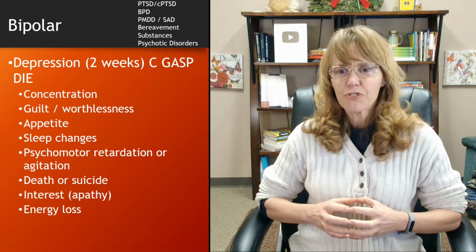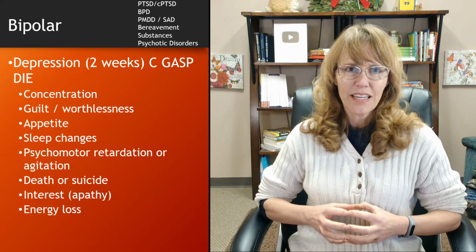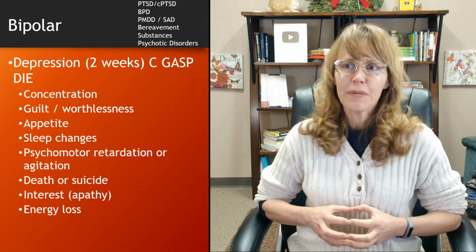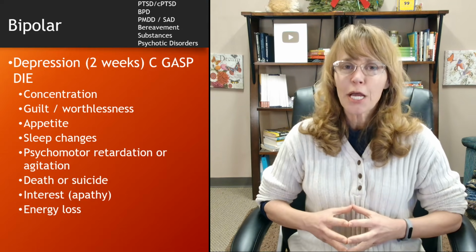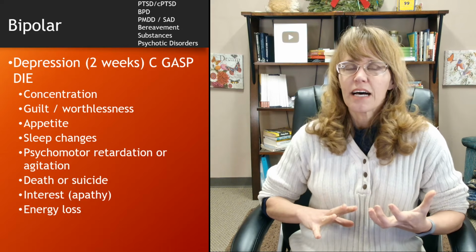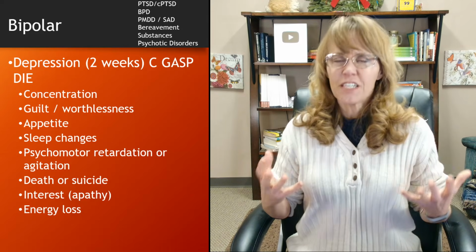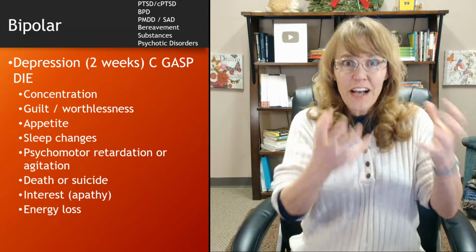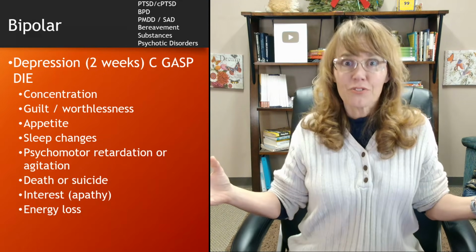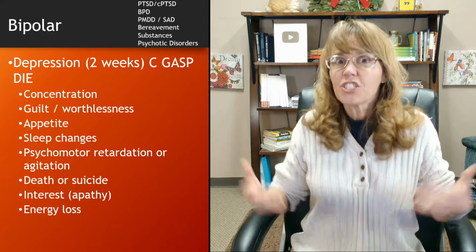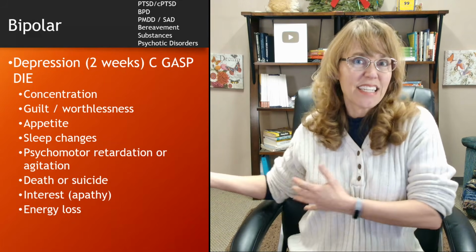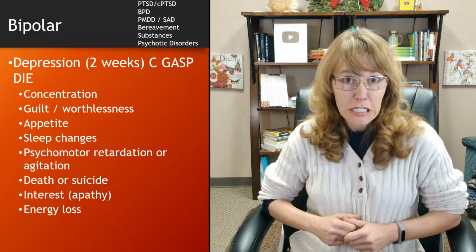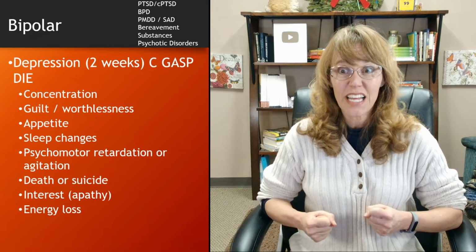A lack of interest in things or apathy is very common in people with PTSD or CPTSD because they are hypervigilant, they're anxious all the time, and all their energy is going to fight or flight. It's hard to have interest in other things, which can be exhausting, and that leads to energy loss, on top of the fact that they're not sleeping well, which also contributes to energy loss.